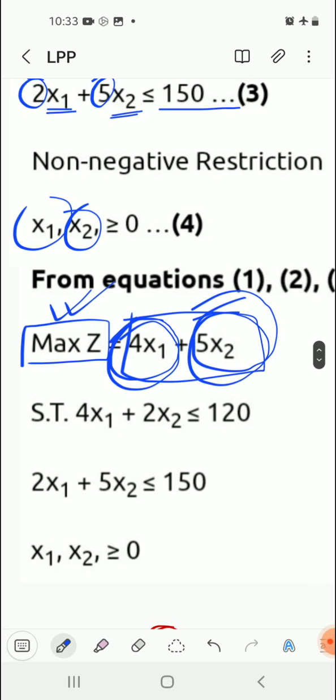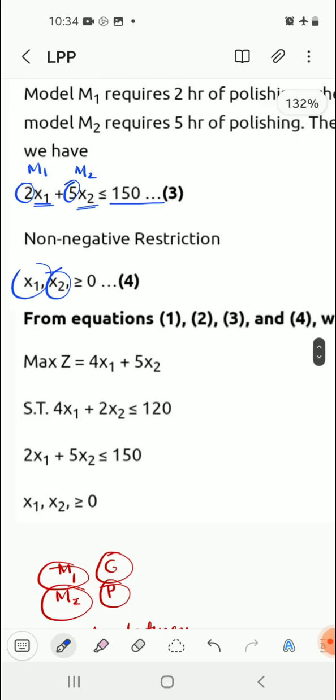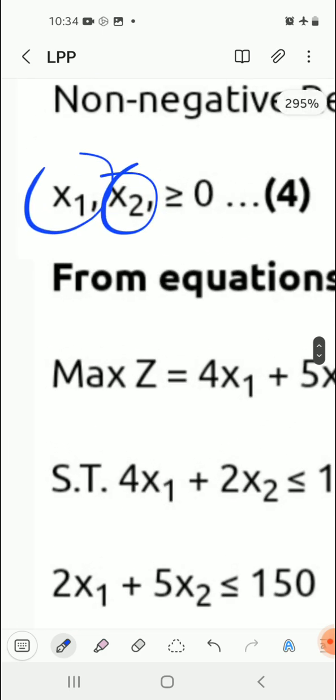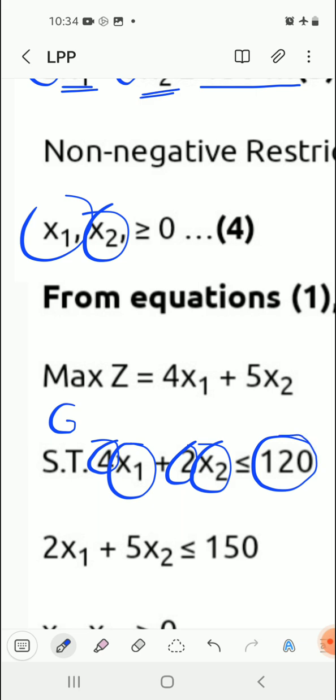After that, we have the constraints. The first constraint is related to my grinding machine: 4 hours in model 1, 2 hours in model 2, and the total grinding machine can be used for 120 hours.